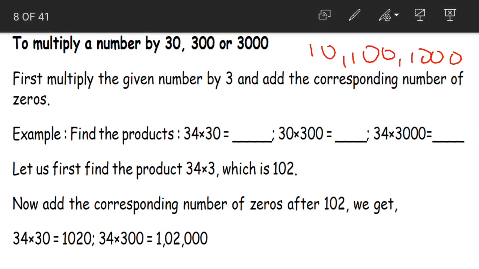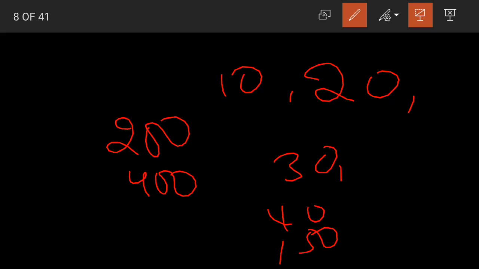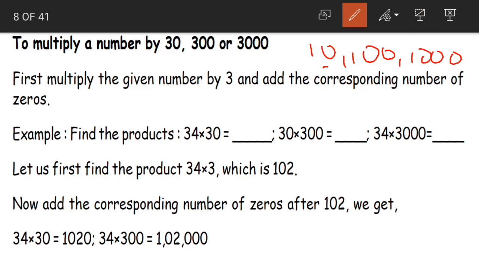Any number which has a 0 in it, say 10, 20, 30, 40, 50 or 200, 400, okay, for any number where only a single digit is a non-zero number, that is which is not a 0, and the other digits are zeros, you can apply this technique to any such number.